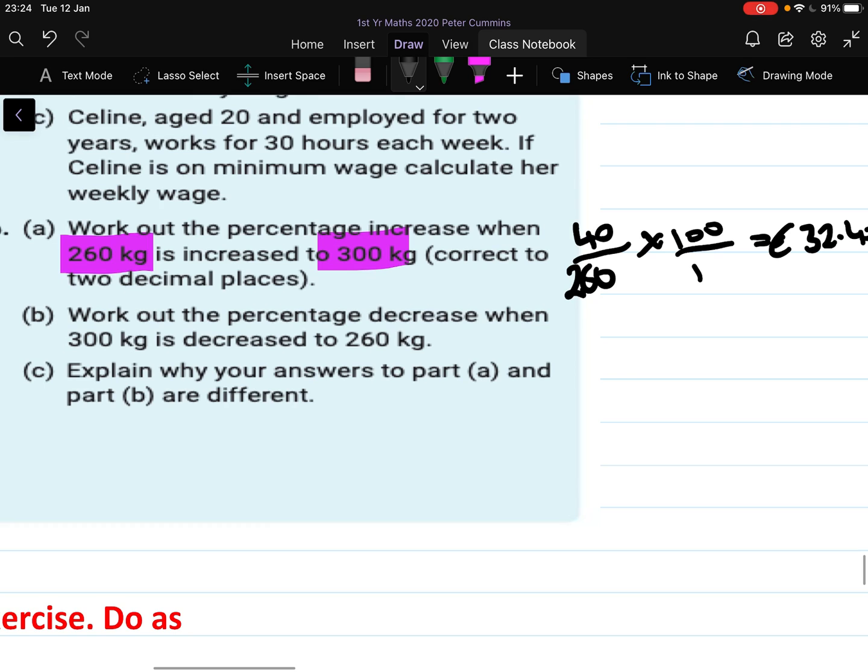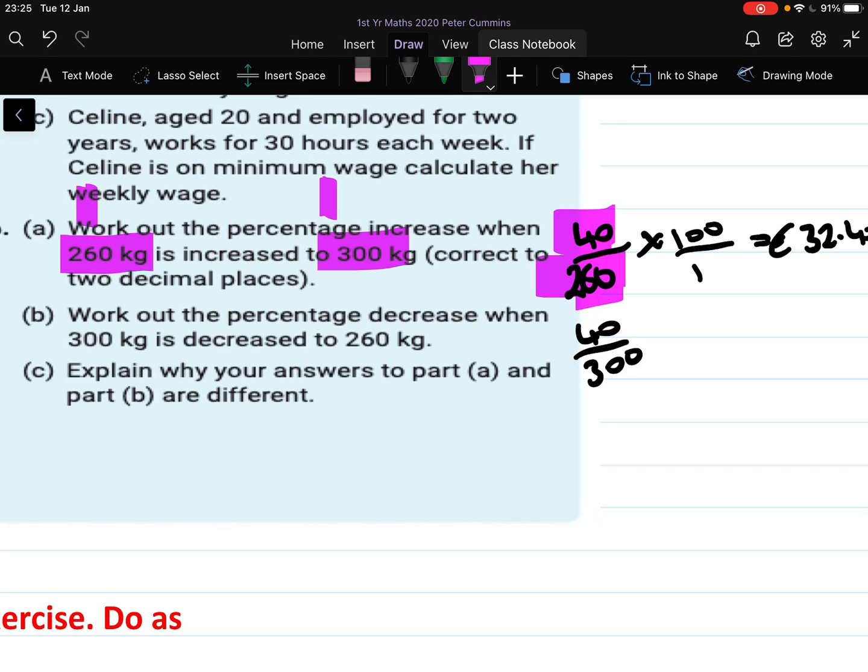Okay. And the second one then is part B. We're doing the same for the second one. It's going to be 40 over 300. So work out the percentage decrease when 300 is decreased to 260. If we're going from 260 to 300, our difference is 40, and our original number is 260.